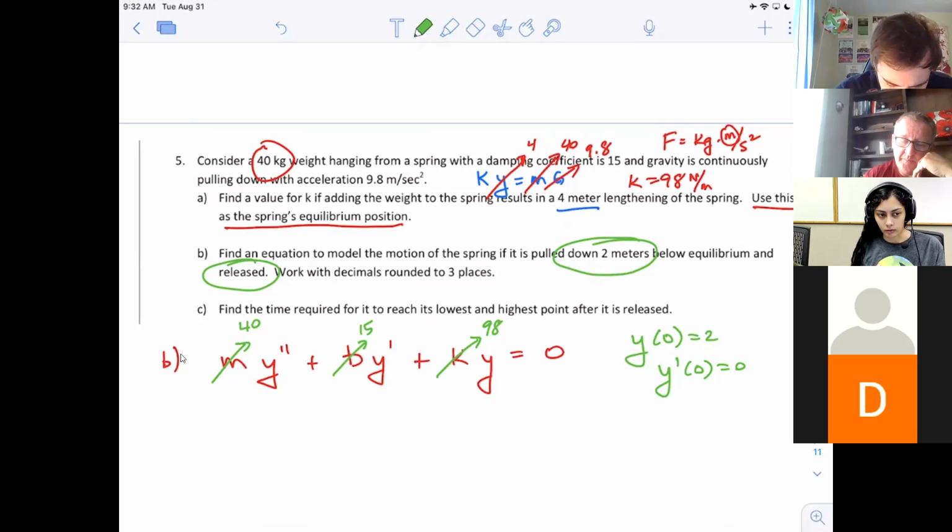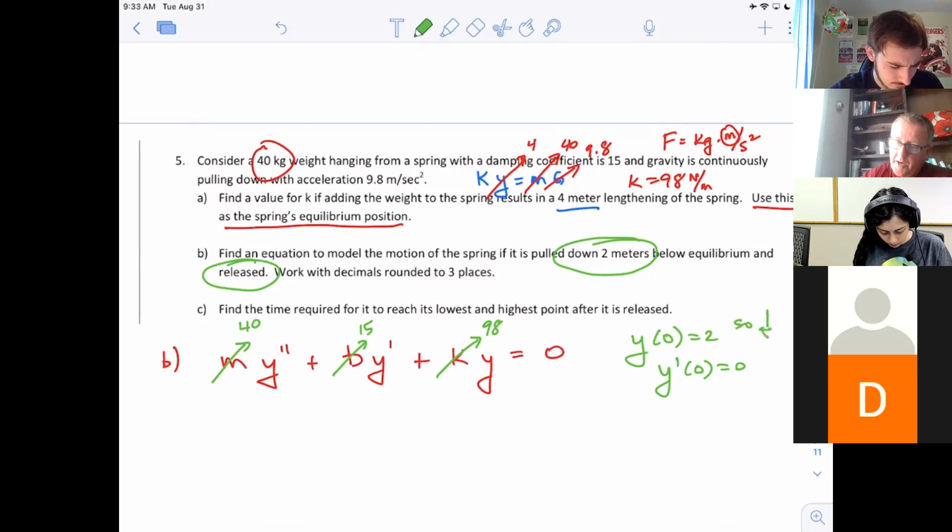which you have to be a little careful with because it says find the time required in part C to reach its lowest and highest point after release. So it's probably a little safer to say y of 0 was -2 and just treat positive as up, negative as down. I'm going to go ahead and leave it this way just because if you do what I just did, you have to think, okay, well, I'm calling down positive.